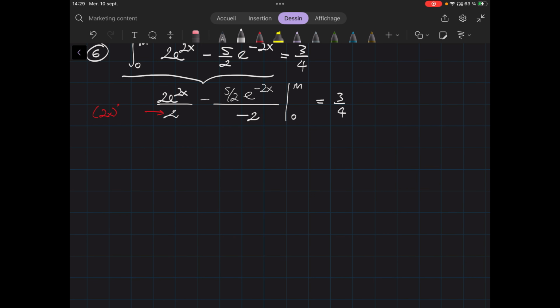We are now going to substitute the bounds into our integral. That's the upper bound minus the value of the integral at x equals 0.